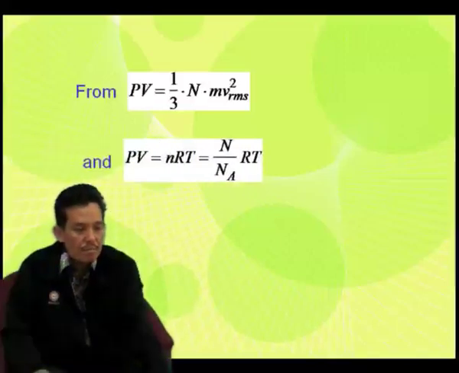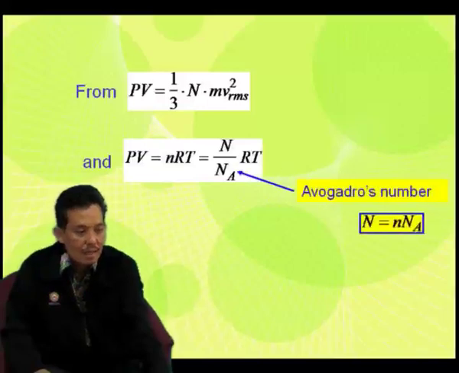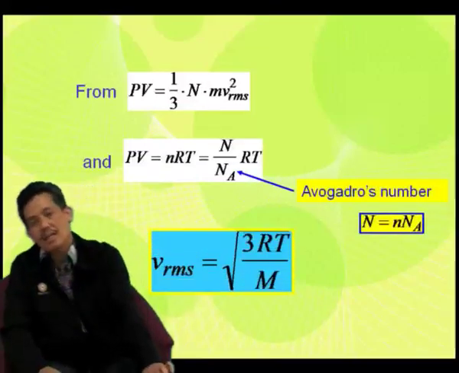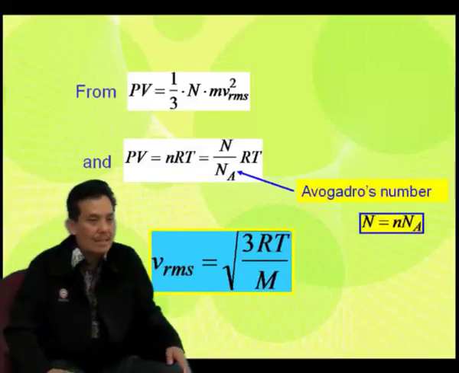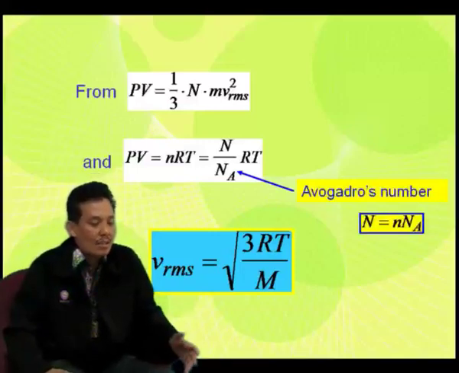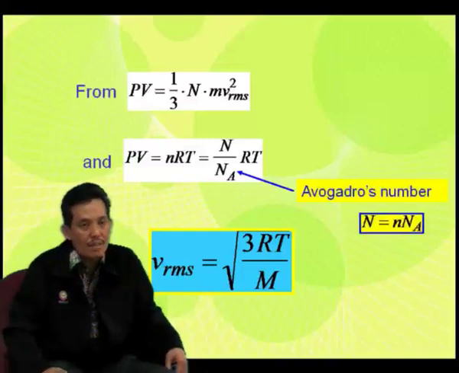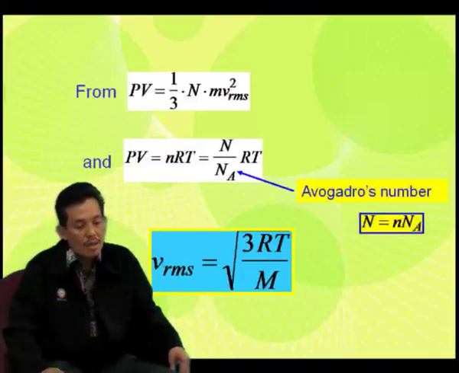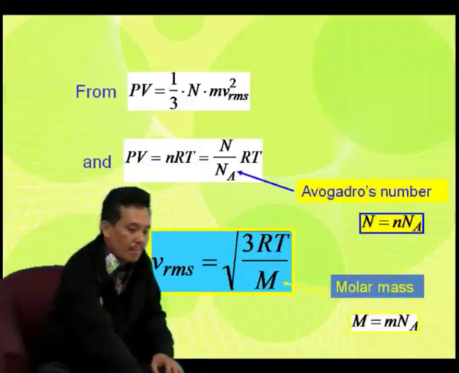From the equations, we can conclude that the root mean square speed is equal to the square root of 3 times R times T divided by M. Here R is the gas constant, T is temperature in Kelvin, and M is molar mass. The molar mass is actually the mass times the Avogadro number.